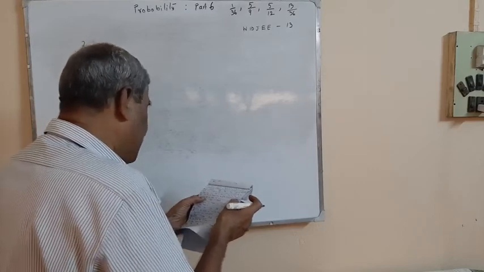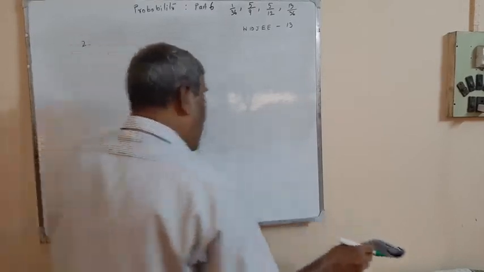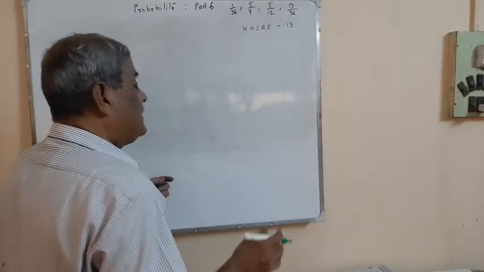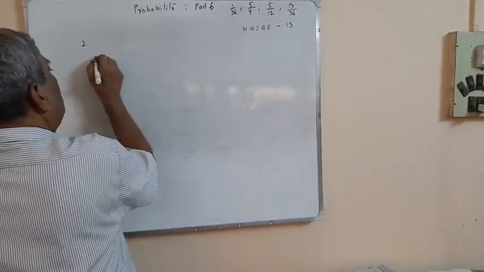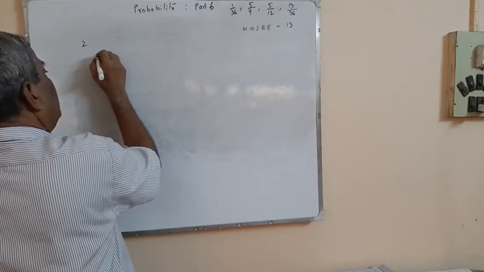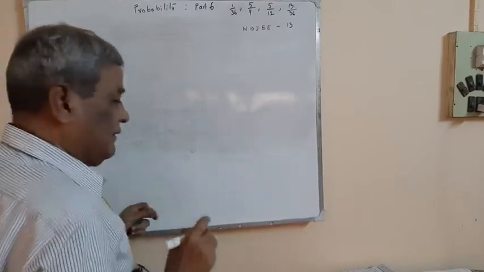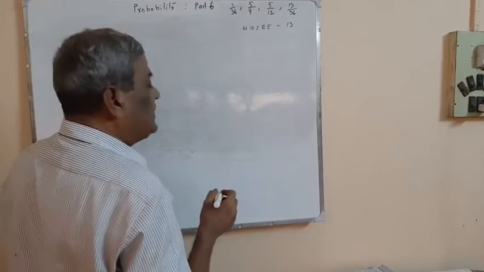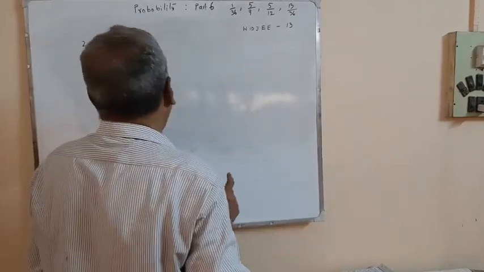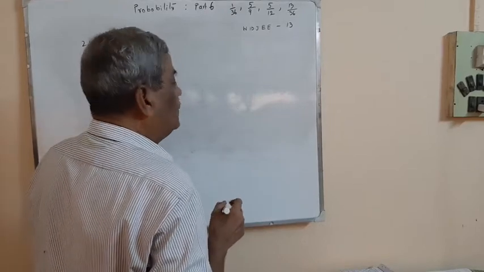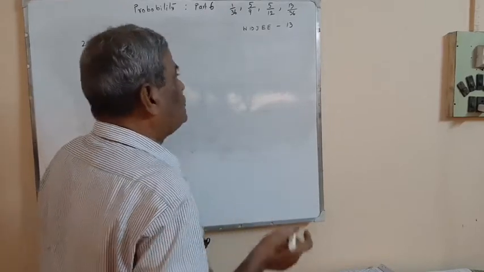To get an even face on the first die, or a total of 8. So A is the event that the first die will get an even face, or the total of the faces would be 8.